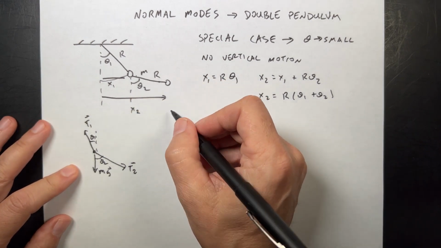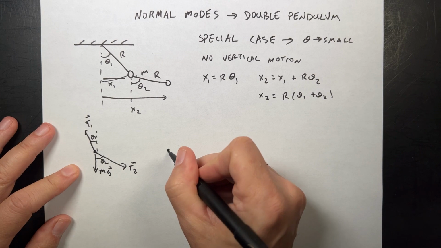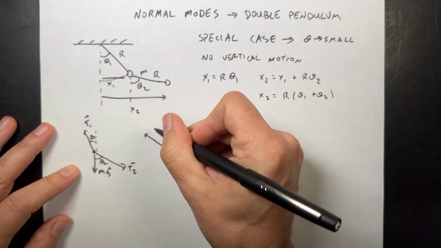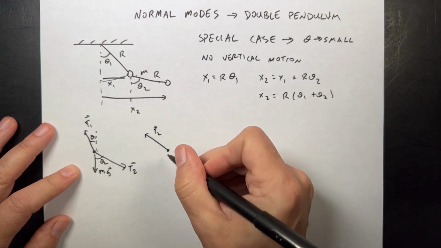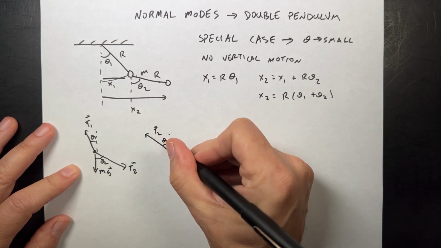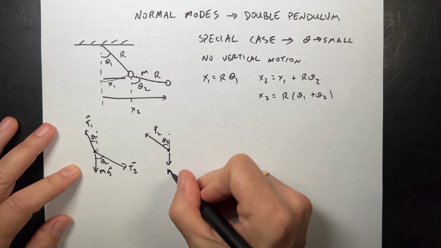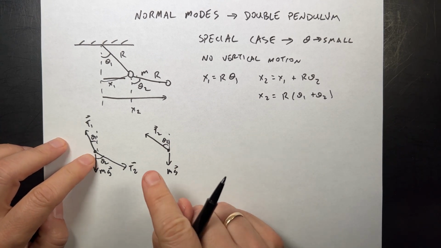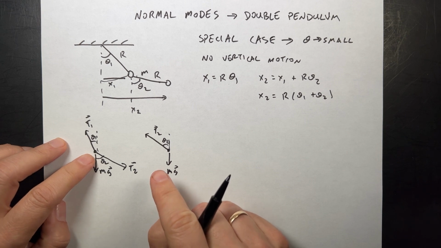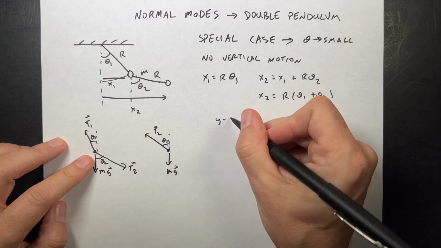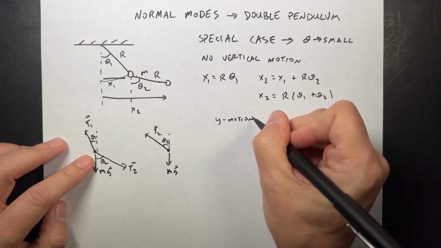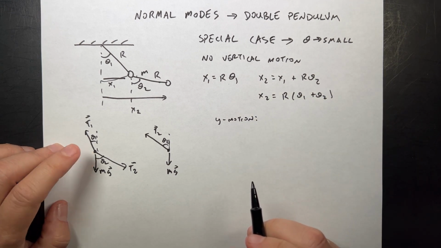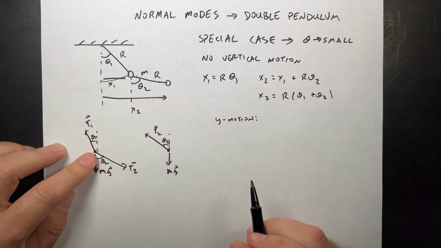And then for this mass over here, it's a little bit easier. I just have T2 pulling this way, T2, and then this angle's theta 2, and then I have mg. So let's write down the y equation of motion. I've already said that they don't move in the y direction, so they don't accelerate in the y direction. If they don't accelerate in the y direction, the net force in the y direction has to be 0.